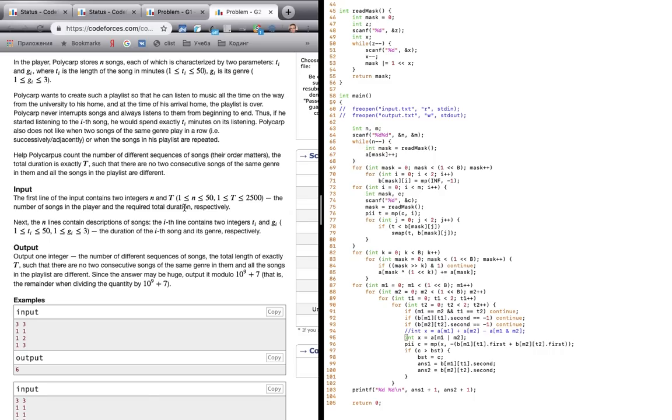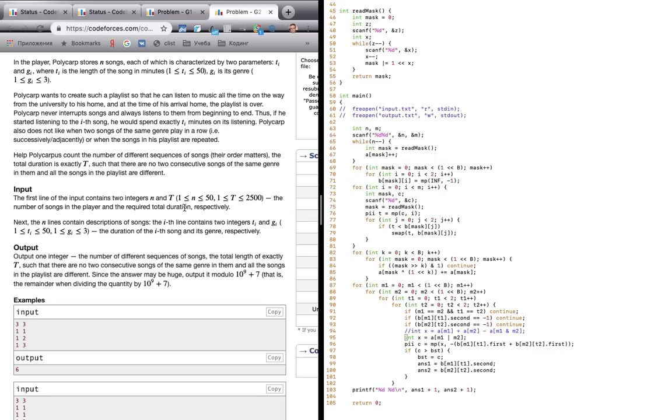Divided by 27 because it's like the product of the number of songs of each genre. The sum is 50, so the maximum value we can get is 50 divided by 3 in cube. So how many is that?